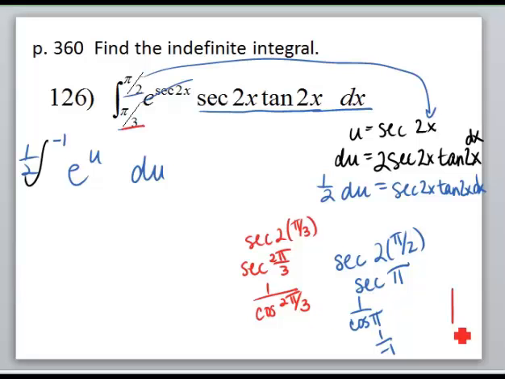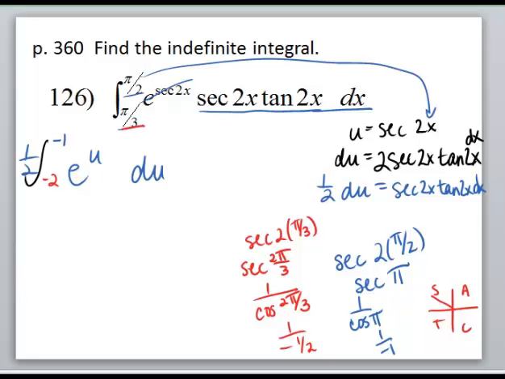Well, 2 pi over 3 is 120 degrees right here. All students take calculus, so I know it's going to be a negative answer, and then I need to think about my reference angle. My reference angle is 60 degrees, so the cosine of 60 is 1/2. So 1 divided by -1/2 happens to be -2.